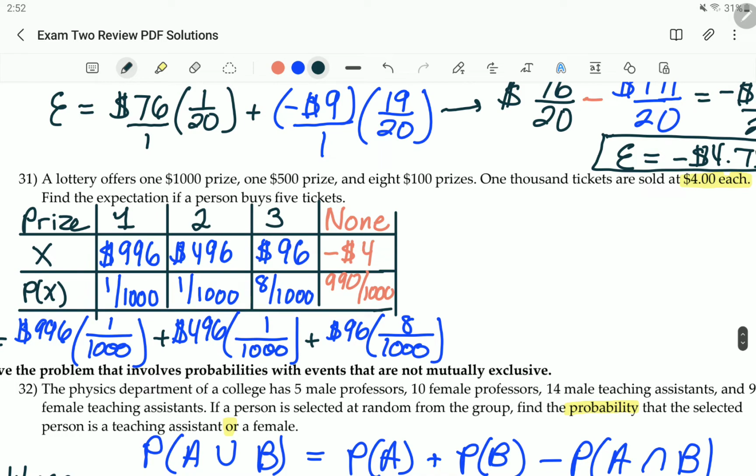And now look here, this is negative. So it's going to be minus $4. And that's going to be 990 over 1,000.